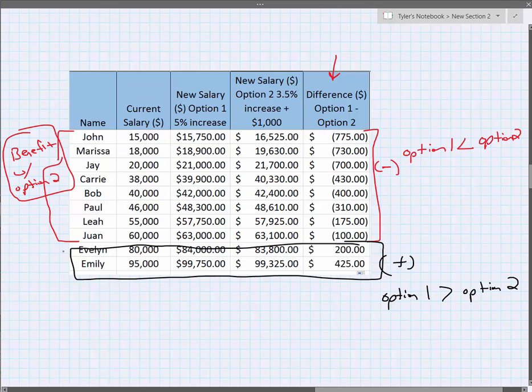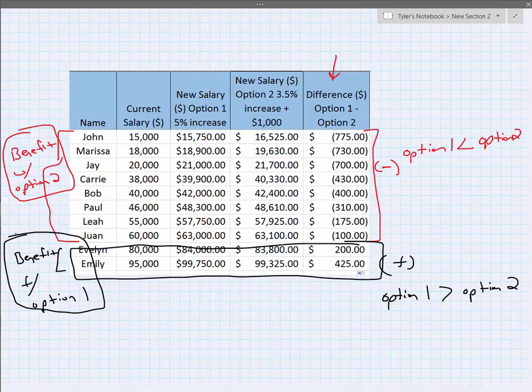So Evelyn and Emily would benefit more from option 1. You could write those lists down, so you can see who would benefit from each one.